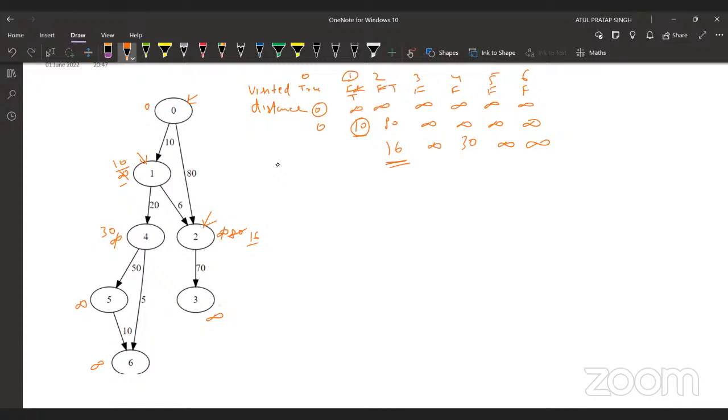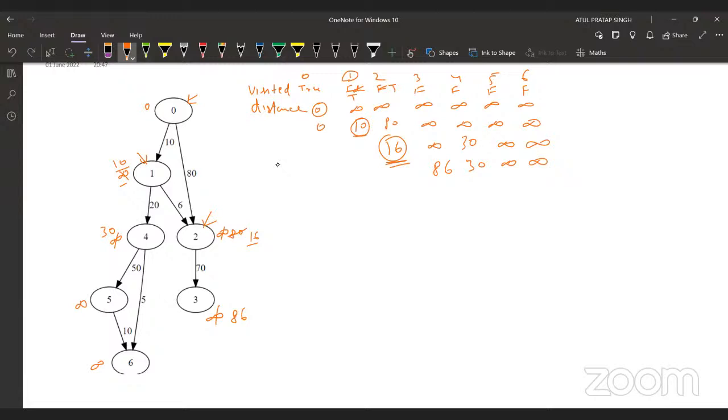So we will update this to 33. Now 3 contained infinite and becomes 33, this remains 30, and the rest infinite. So in this process, only one update is happening on node 3. Now we will repeat this process again.